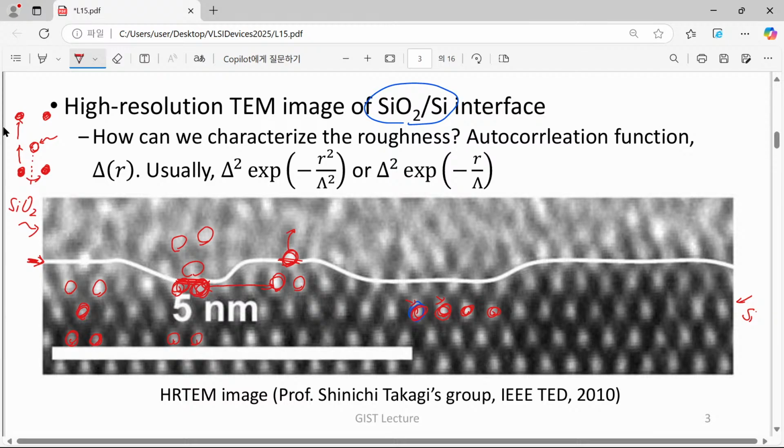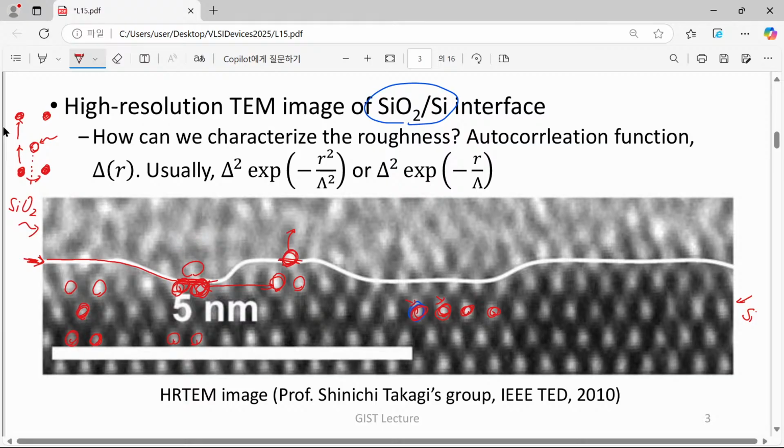crystalline structure. So although, how can I say, the determination of the border between perfect silicon and silicon dioxide is somewhat arbitrary, not clearly cut by a knife, as you can see, it is true that there is a certain deviation.